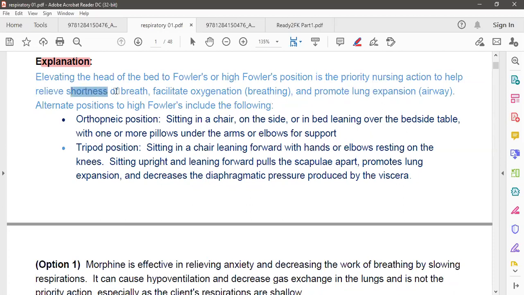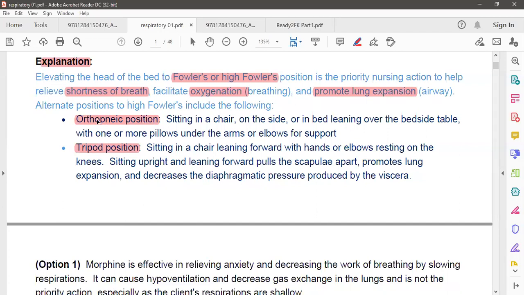So reduce shortness of breath, increase oxygen supply, and promote lung expansion. Just simply good positioning of the patient, and it is high Fowler posture or orthopneic posture or tripod posture, any one.